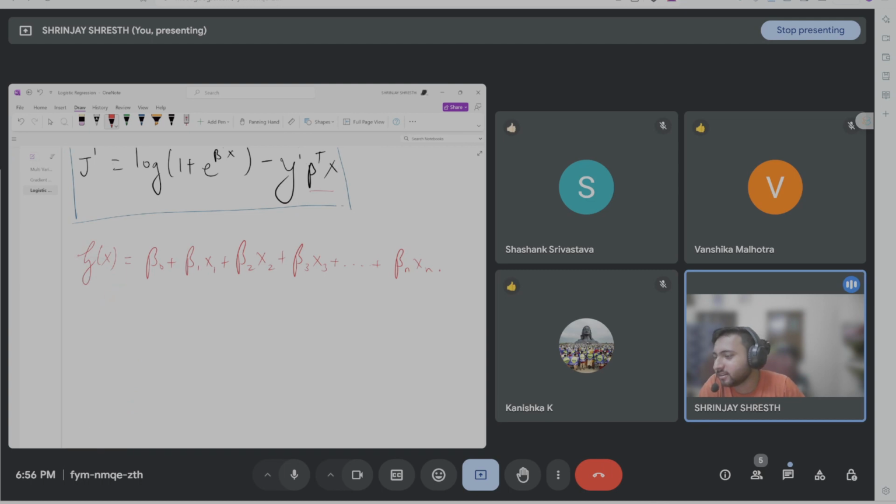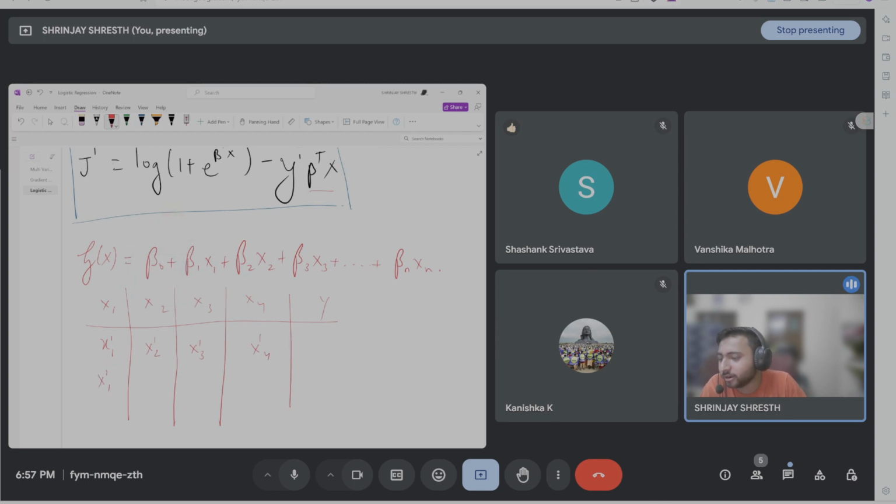Let us take it in a table form. Let us say this is your x1, this is your x2, this is your x3, this is your x4, something like this, and you have some y. So this would be what? x1 corresponding to your first row, x2 corresponding to your first row, x3 corresponding to your first row, x4 corresponding to your first row.